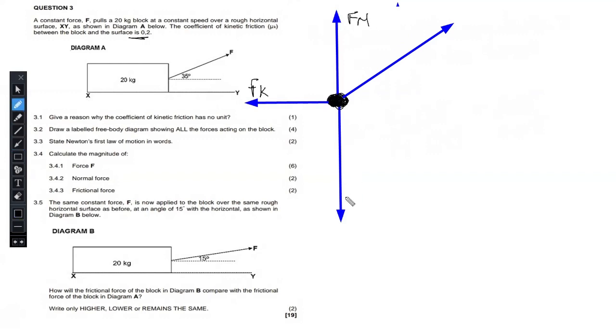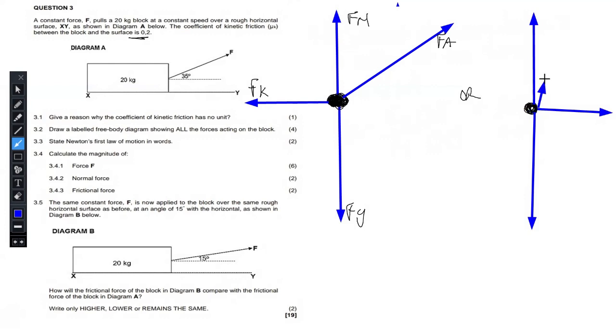So let's label here, and then we have force applied. Or if you prefer to resolve, then this is how your free body diagram will look. If you do resolve, then you have to resolve your force applied into its components, which are Fx and Fy. So this is how it will go, and this would be your Fx. And then you'd also have to indicate a force going upward like that.